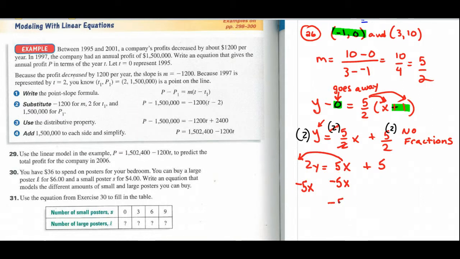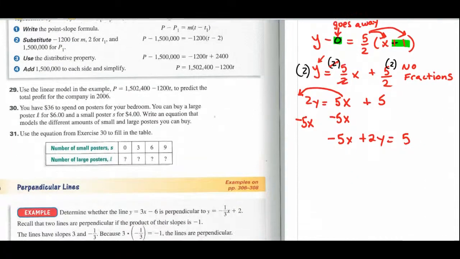Standard form, I have to get this x term over to the left by subtracting it, and that gives me minus 5x plus 2y equals 5, and you can see that this has a negative sign in front, which is something I don't want, so I have to change the sign of each term.